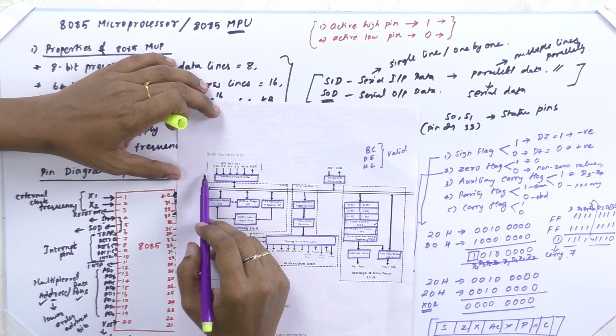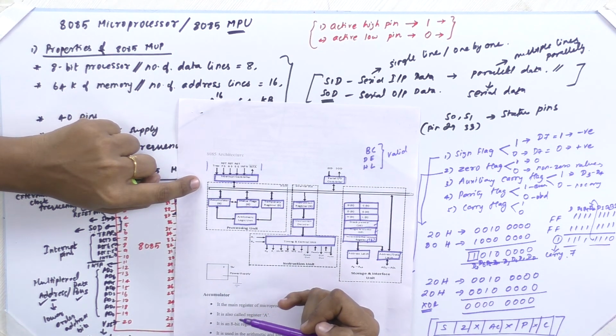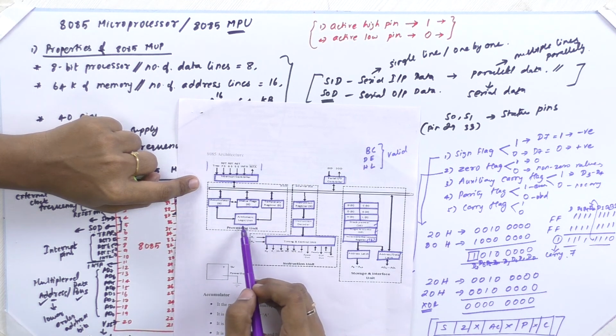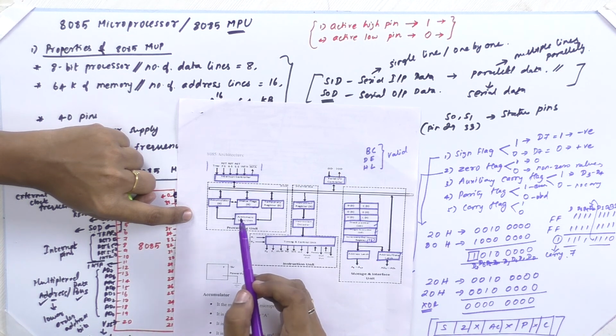Let me summarize once again the functions of the blocks present in the 8085 architecture. First one is the arithmetic and logic unit. It is used to perform arithmetic and logic operations such as addition, subtraction, increment, decrement, AND, OR.